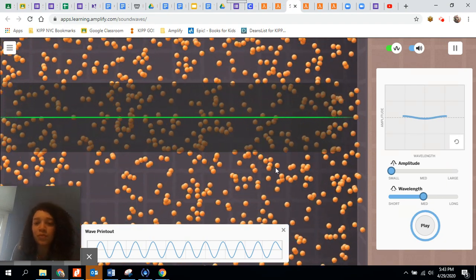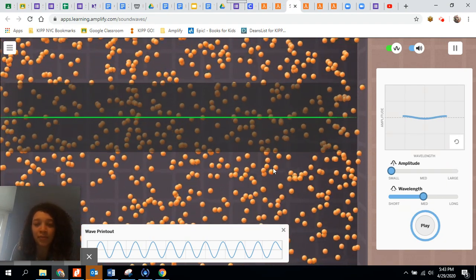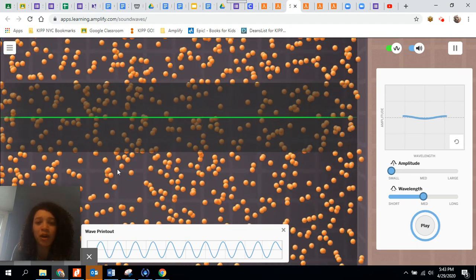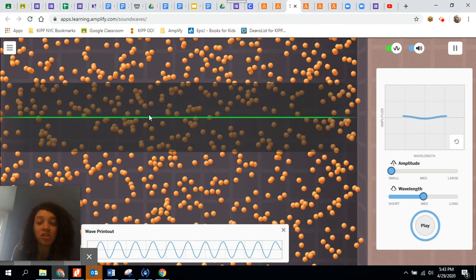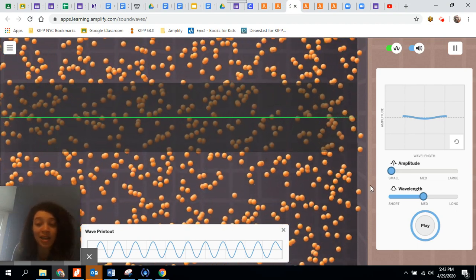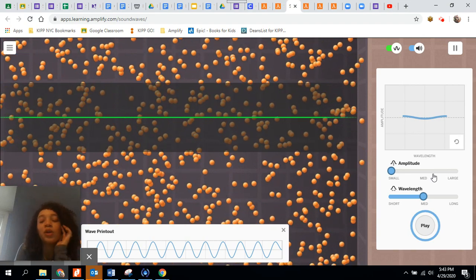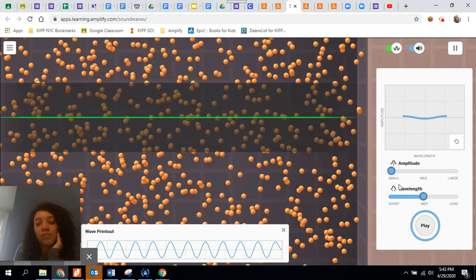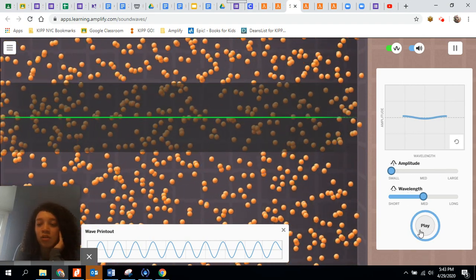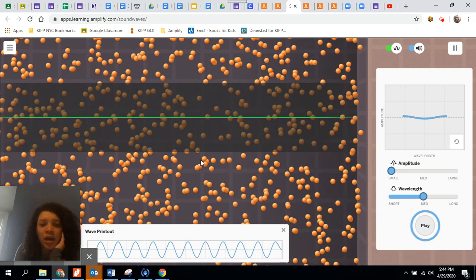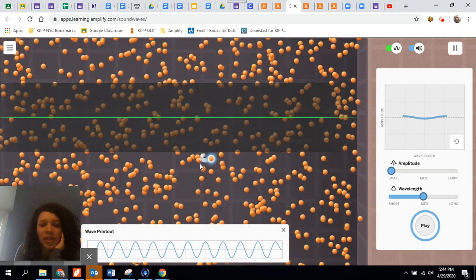So now that we just saw that, I want to pay attention to what's happening with these particles as I change just the amplitude. Notice I did not change the wavelength from what it was. I'm only changing the amplitude. So I have it as a small amplitude and I'm going to press play. I'm actually going to highlight one of these particles and follow it to see what it does.